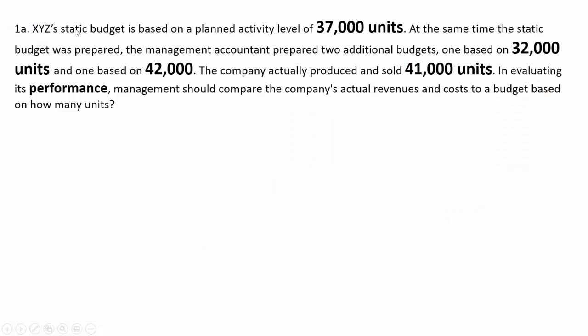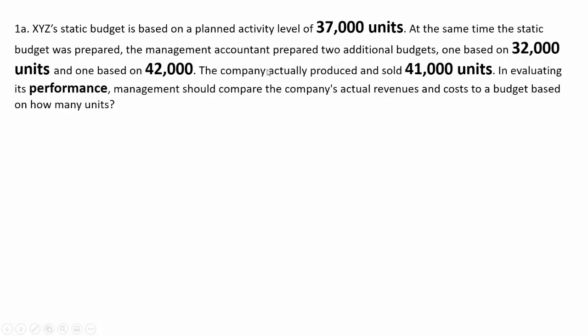XYZ Company's static budget is based on planned activity at a level of 37,000 units. So they think they're going to do 37,000 units, so that's what they base their budget on. At the same time the static budget was prepared, the management accountant prepared two additional budgets, one based on 32,000 units and one based on 42,000 units.